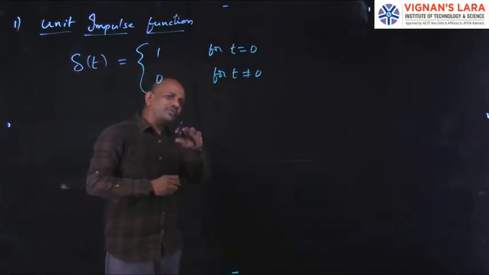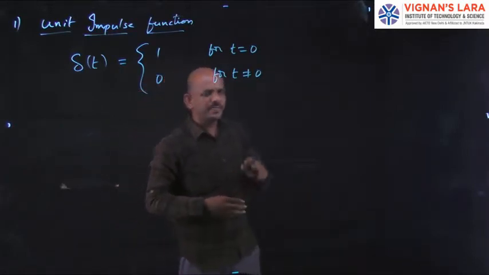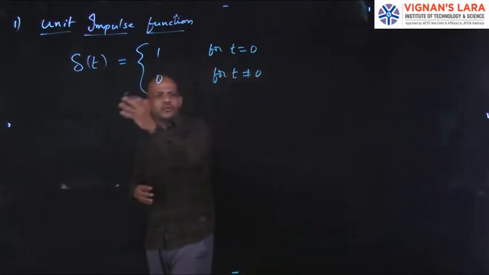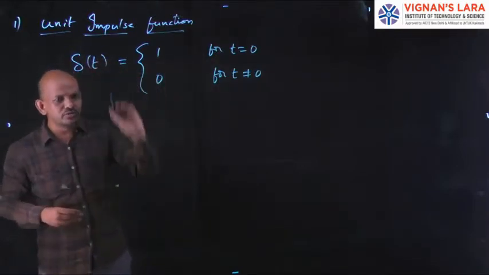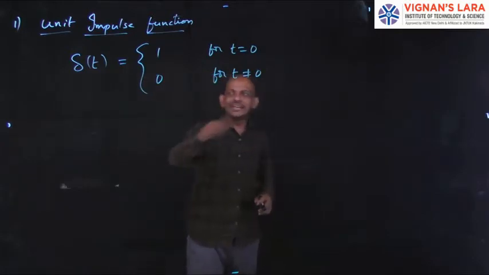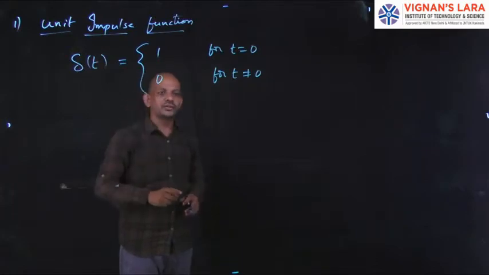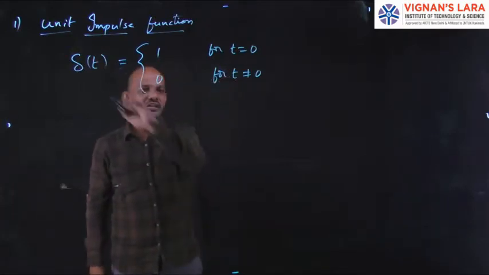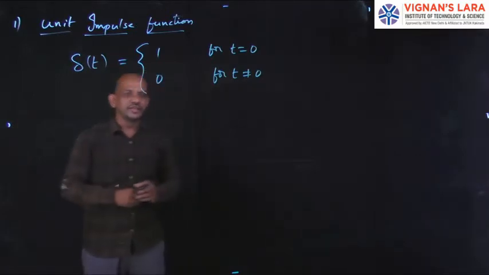For all the remaining values of t, except 0, whether 1, 5, 15, 45, whatever it may be, del of that value will be equal to 0, because the unit impulse function exists only at t equal to 0. This is the unit impulse function.